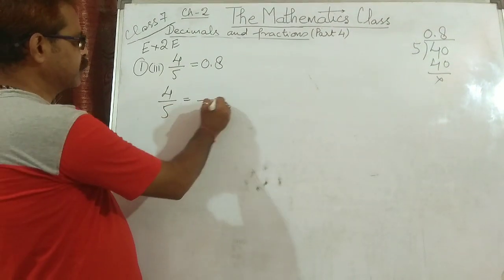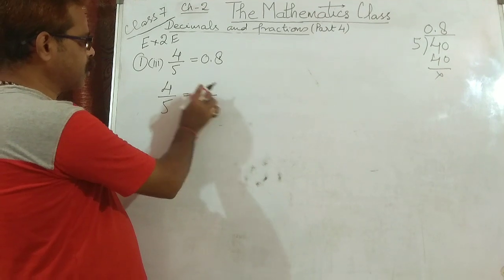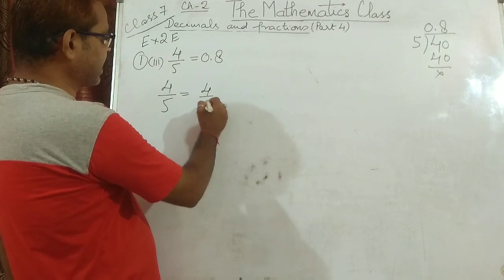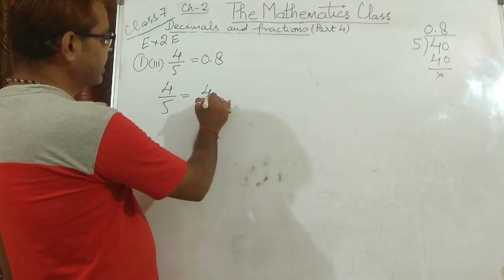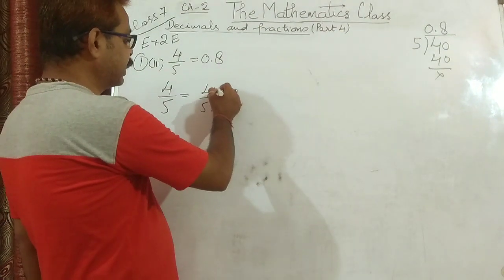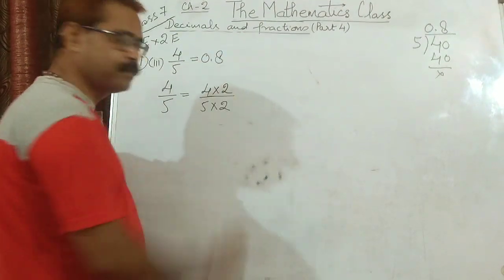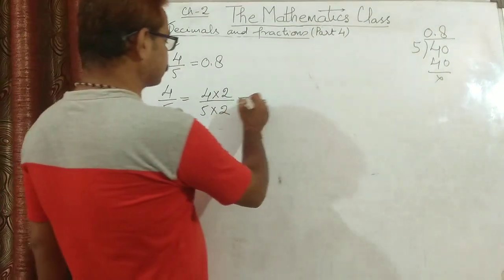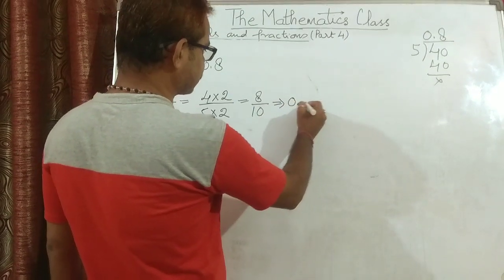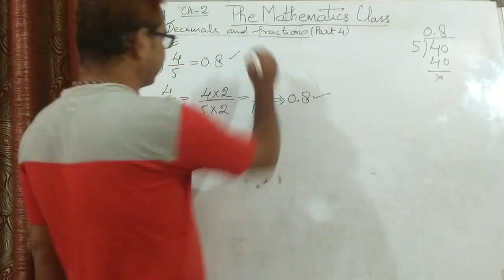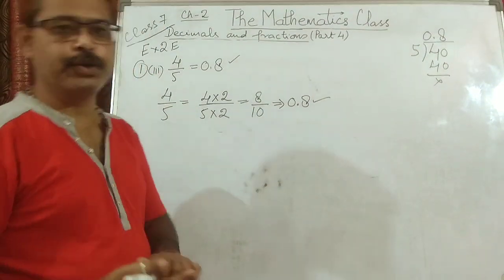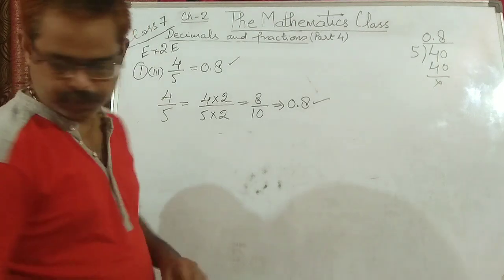So if I make it in the form of a number with denominator 10, I have to multiply this 5 by 2. If 5 is multiplied by 2, then the numerator also has to be multiplied by 2. So it becomes 8 upon 10, and we know that 8 upon 10 can be written as 0.8. So both the ways are correct, and you can do whichever way you feel is easy for you.